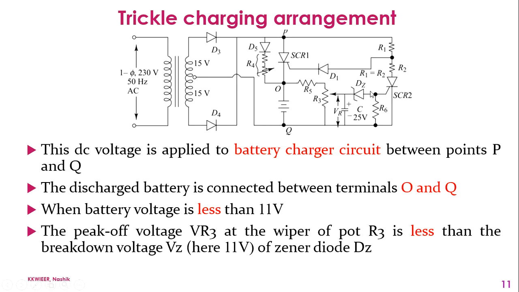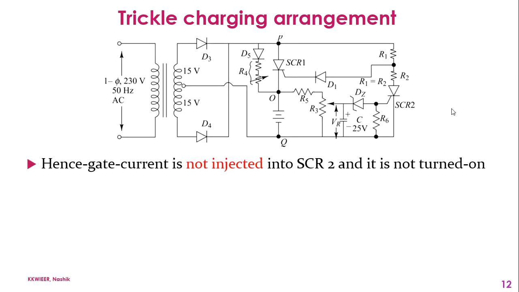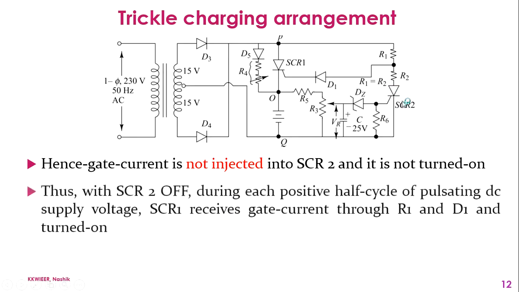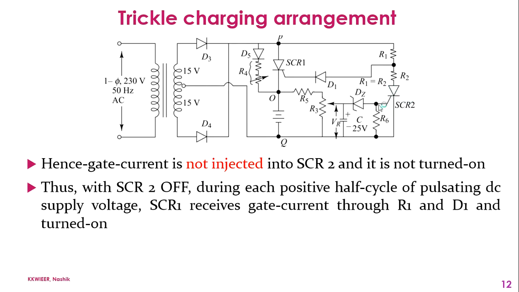So this Zener diode voltage will be 11 volt and the voltage across this resistor R3 will be less than this Vz voltage. Hence, the gate current is not injected into the second SCR, that is SCR2, and this SCR2 will not get turned on. Thus the SCR2 is off.